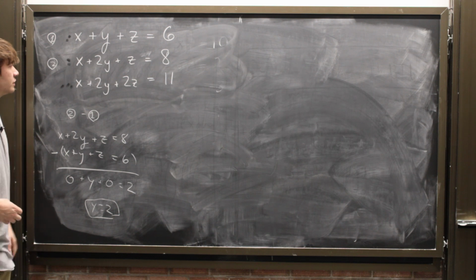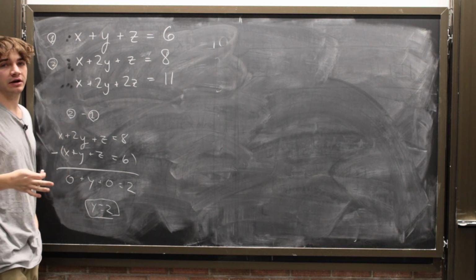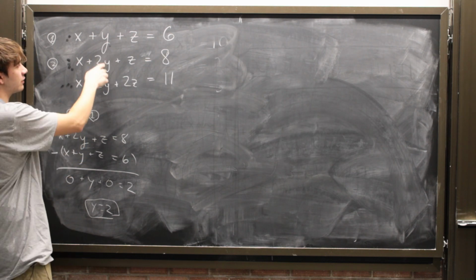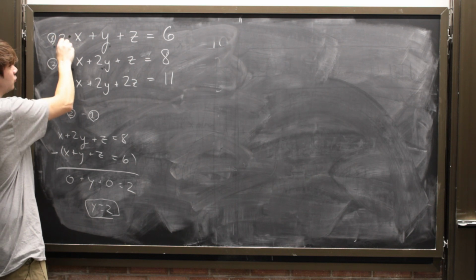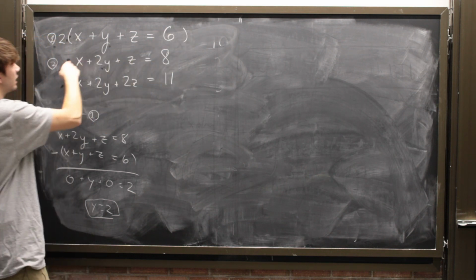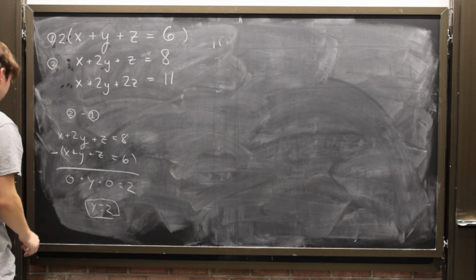One thing I can also do is multiply an equation by a number if that helps me. For example, if I wanted to get rid of y first, then I could have multiplied equation 1 by 2, and then taken the difference between equation 2 and equation 1. That's perfectly valid as well.